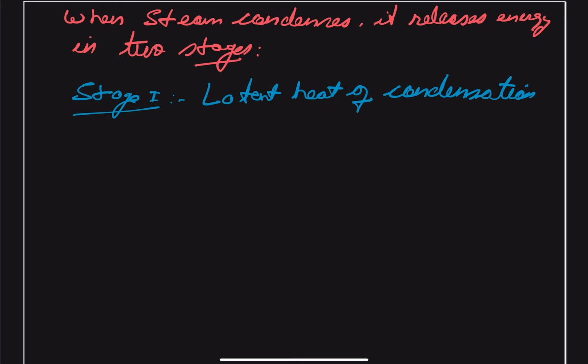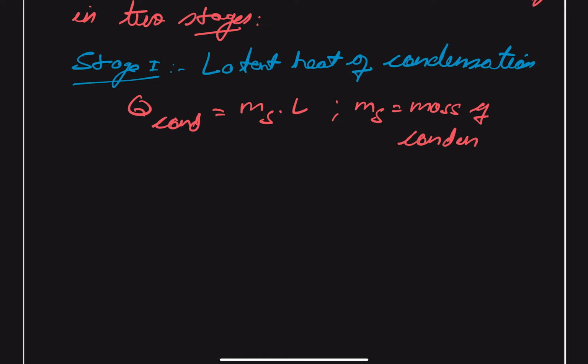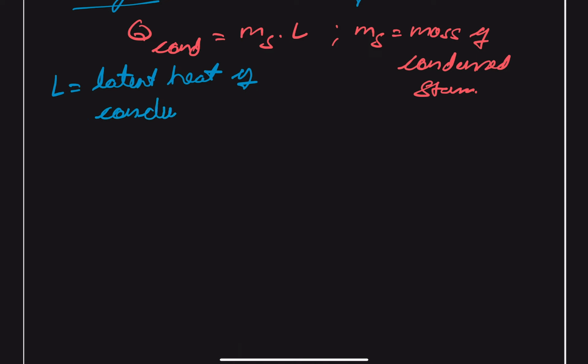Let us represent it by L. So we write Q condensation, which will be equal to Ms multiplied by L, where Ms is the mass of condensed steam, which we are supposed to find out, and L is the latent heat of condensation for steam.